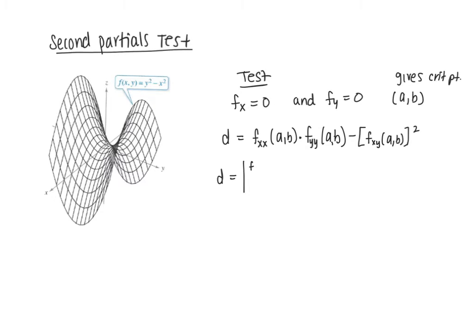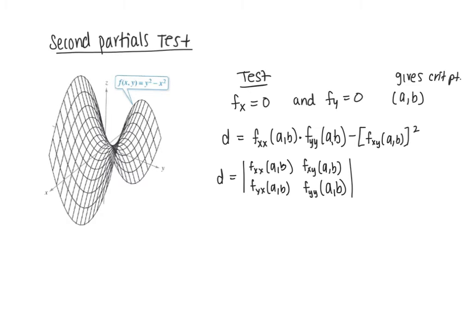So, for example, f xx at (a, b), f xy at (a, b), f yx at (a, b), and f yy at (a, b). So these are all the possible partials.